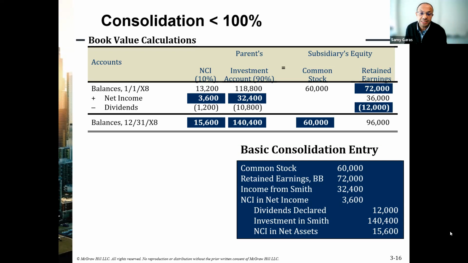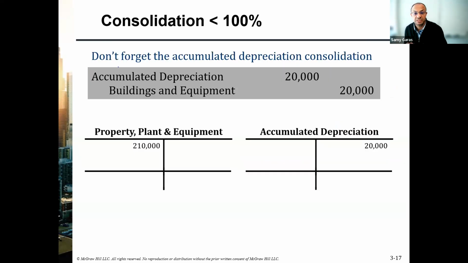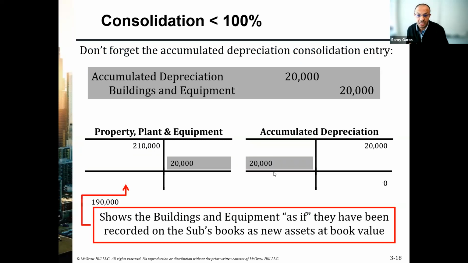But here you see retained earnings BB, which is beginning balance. And then we take the income for the retained earnings and the net income for the NCI, and we put the dividends. Why do I do that? Because I am closing all the accounts of the retained earnings, which we didn't have in the previous example. And then we also close the depreciation account.